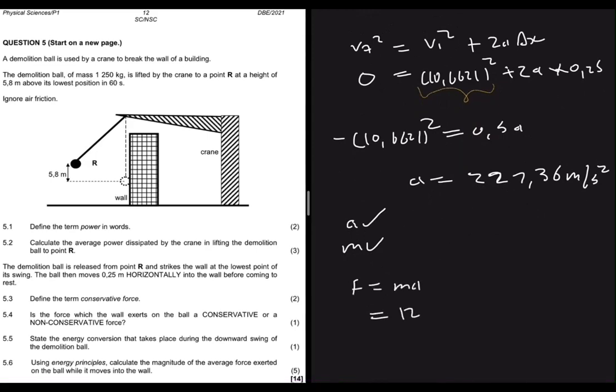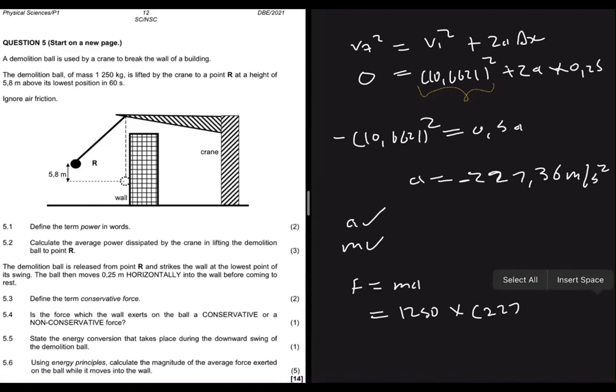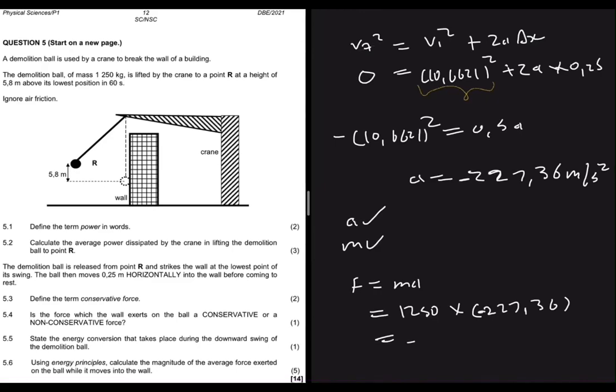So m is 1,250, the acceleration is, there's a minus here, 227.36, and then if I put that in the calculator, I get 1,250 multiplied by 227.36. I get minus 284,200 newtons. That's it for this question.